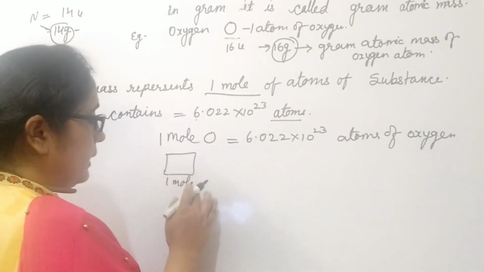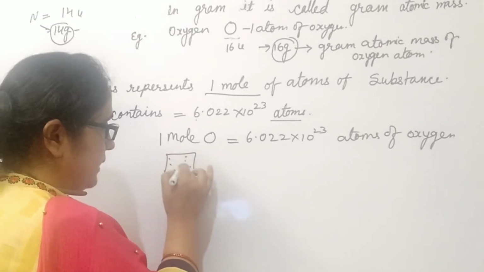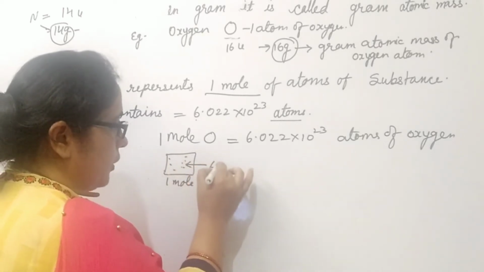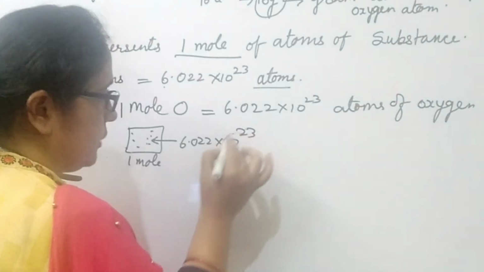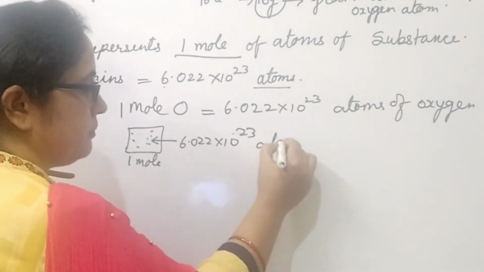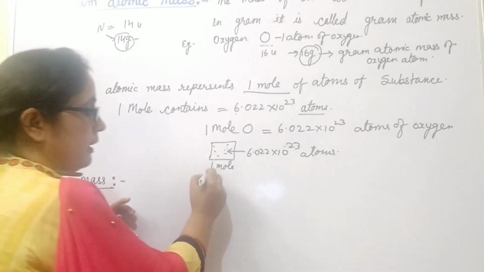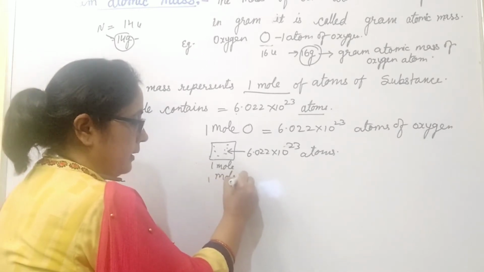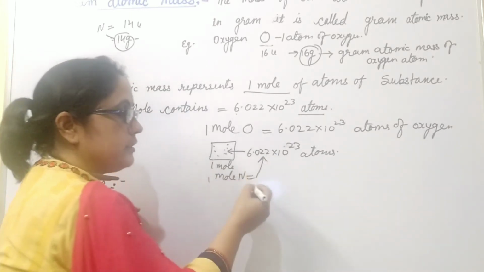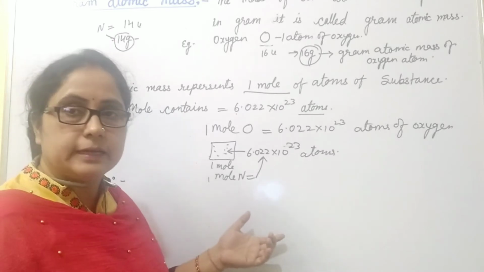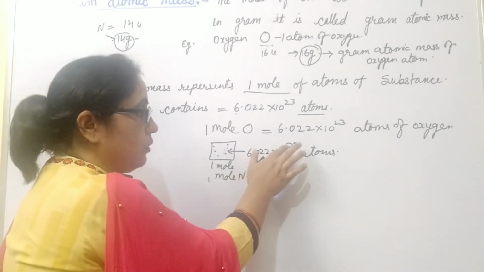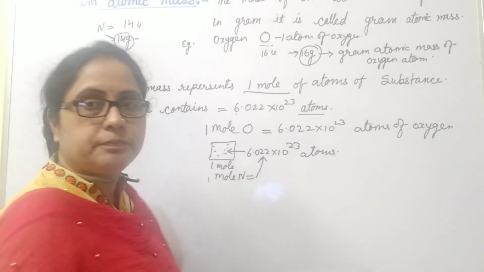Inside this, the number of atoms present is 6.022 into 10 to the power 23 atoms. If it is 1 mole of nitrogen, it also contains 6.022 into 10 to the power 23 atoms. 1 mole of carbon also contains this number of atoms.